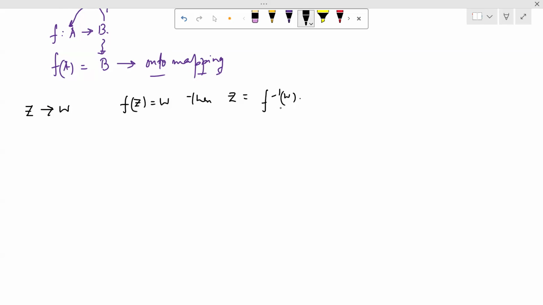So for every element in W, if you take an inverse, you can find the element in the Z plane such that f(z) was equal to w. This is referred to as the inverse of f.